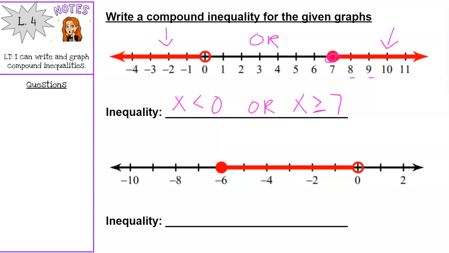For this next graph, we have shading in between the two circles. So I know that this is an and compound inequality. So I know my two numbers are -6 and 0. So I'm going to show you another way to write an and compound inequality. So you put the variable in the middle. You put the -6 on the left.